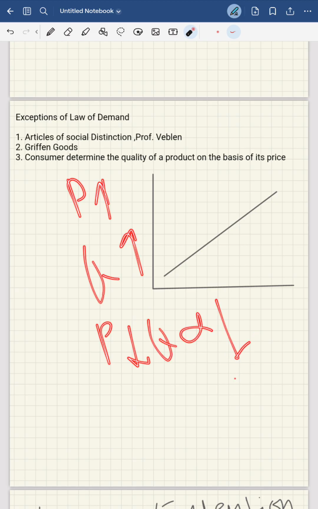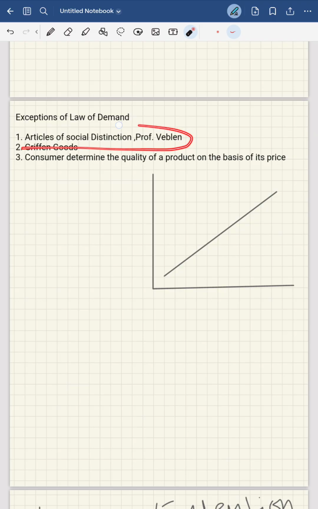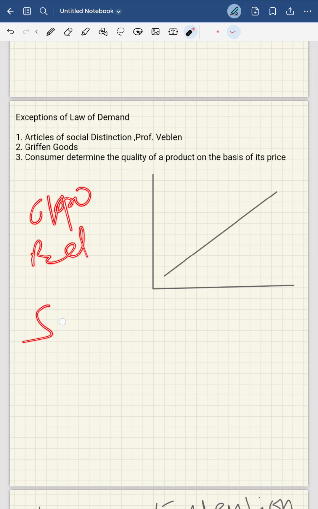When does this happen? In the case of articles of social distinction, given by Professor Veblen. Articles of social distinction are those articles which make us distinct from the rest of the society. For example, if all have Oppo phones or Redmi phones, I prefer to have a Samsung phone.